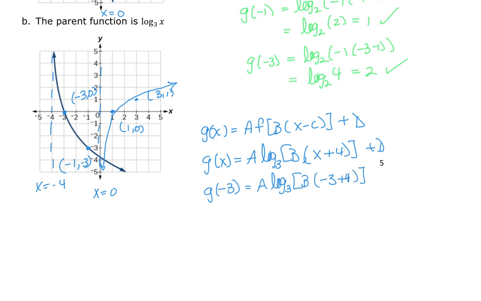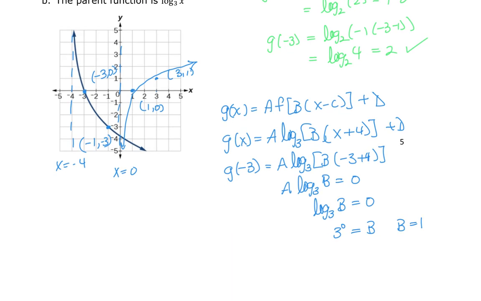And it looks like I didn't move up, so I'm going to assume that d equals 0. So this becomes a, the log base 3 of b, and this has to equal 0. Divide both sides by a, the log base 3 of b is equal to 0. 3 to the 0 is equal to b. b has to equal 1.